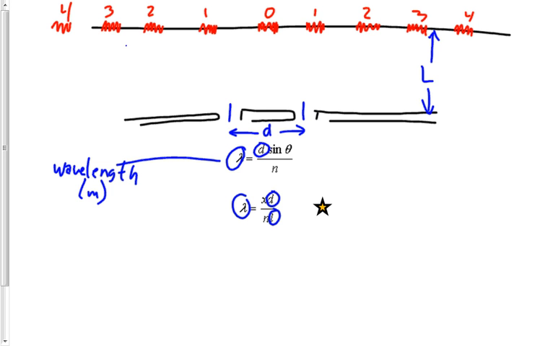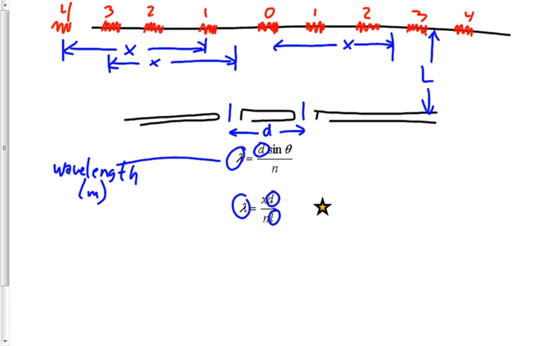X could be the distance between the 4th order maximum and the 1st order maximum, or between the 3rd order maximum and the 1st order minimum, or between the central maximum and the 2nd order minimum. X can be any distance you want, from any maximum to any other maximum or minimum, or any minimum to any other max or min. It can be anything you want.